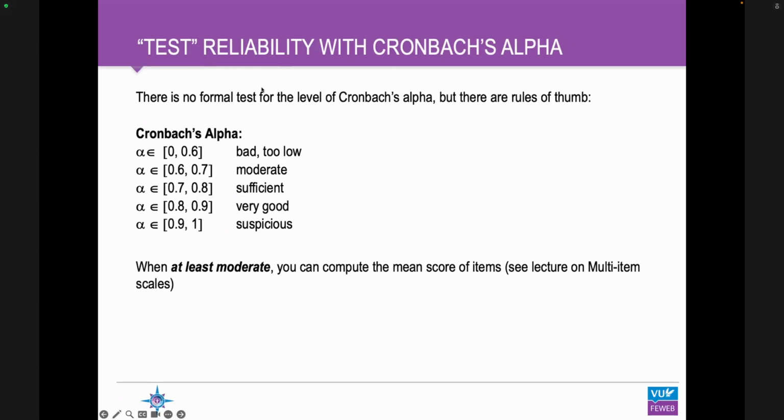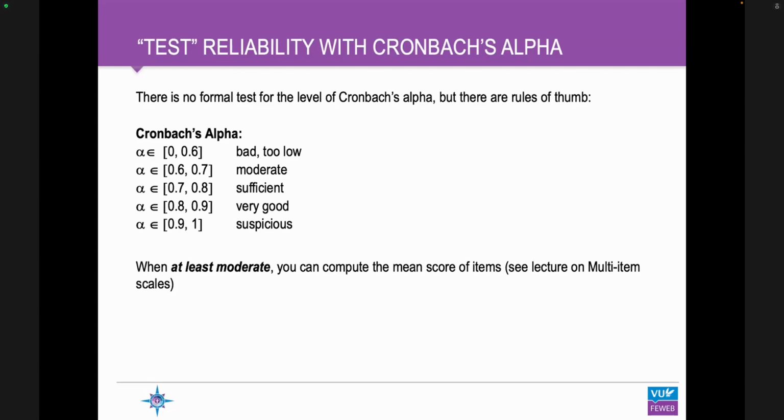So how do we conclude a high alpha? There is no formal test related to that, but once you calculate the alpha, the rule of thumb is this: we want it to be around 0.8, 0.9, or above 0.7 in general, but we also don't want it to be very high, between 0.9 and 1. Because too high means that probably people didn't get the difference between the items, so you're probably measuring the exact same thing.